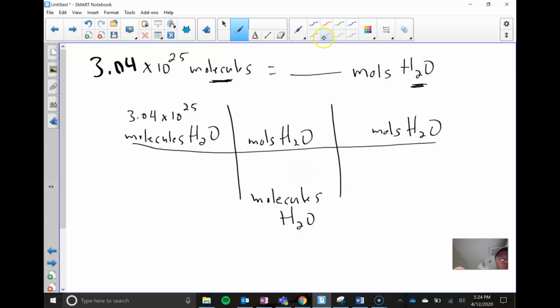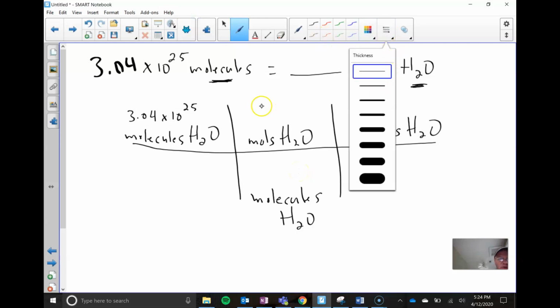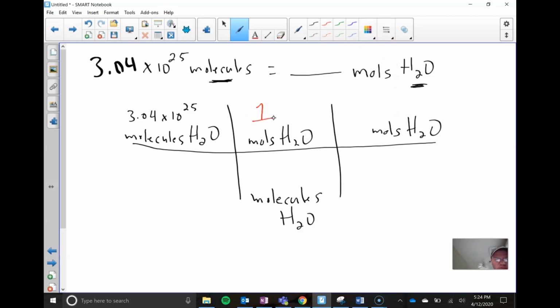Well, we know that for every 1 mole of anything, there's 6.02 times 10 to the 23rd formula units, or I'm sorry, representative particles of that. So moles to molecules.